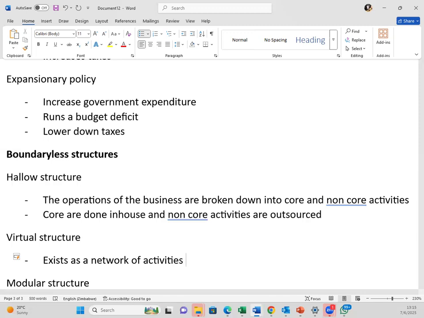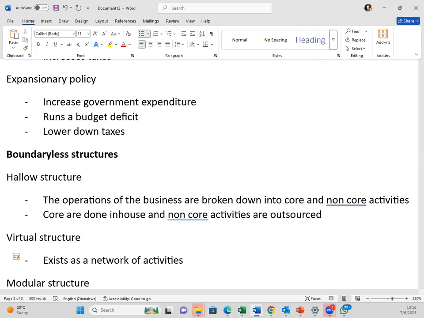So this means that the organization just connects the person that is buying and the one that is selling. Sometimes they might not even have their production site. They just operate an office, and the rest of the things are outsourced. They are not done in-house.